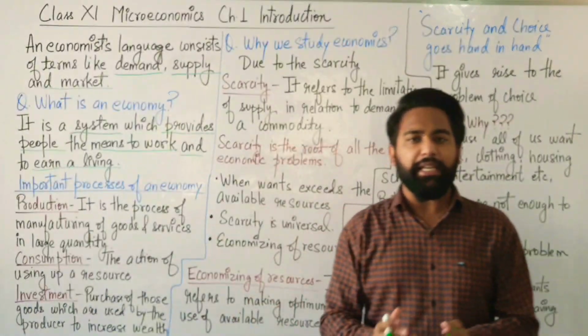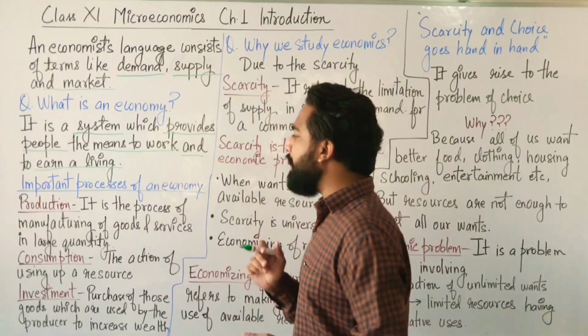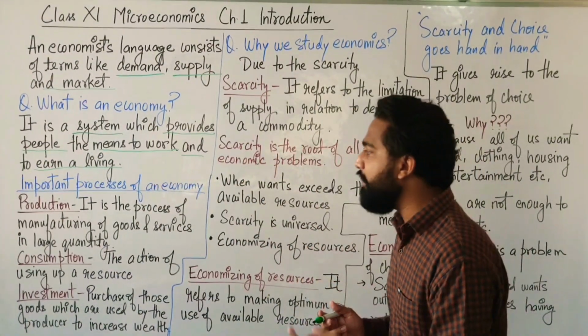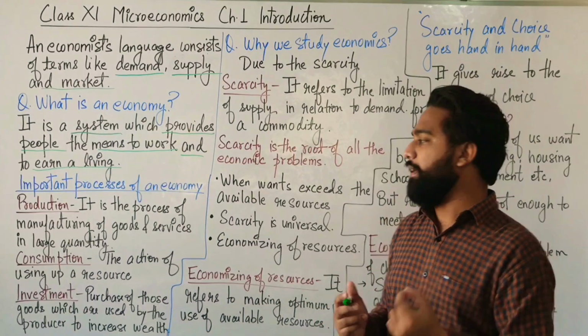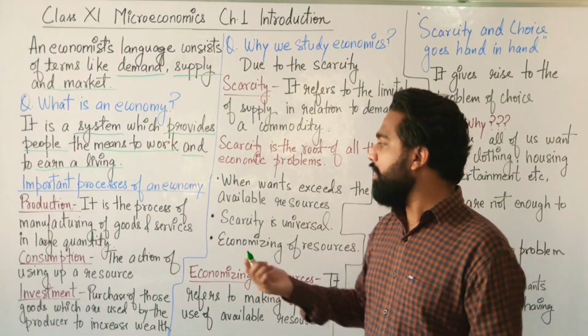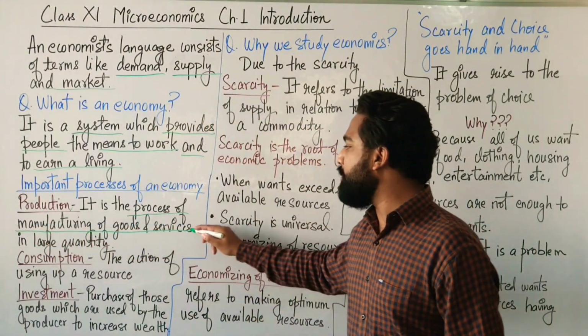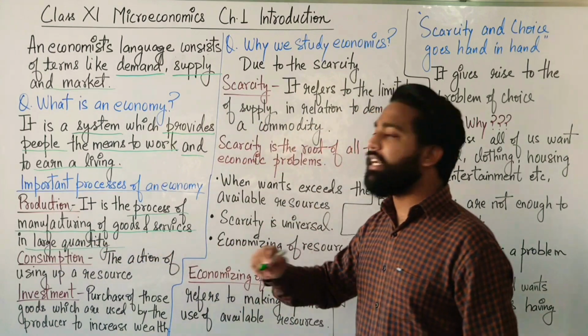Now, the next thing is the important processes of an economy. Under the economy, there are various things which take place on a regular basis. The first very important thing is production. What is production? It is the process of manufacturing goods and services in a large quantity.